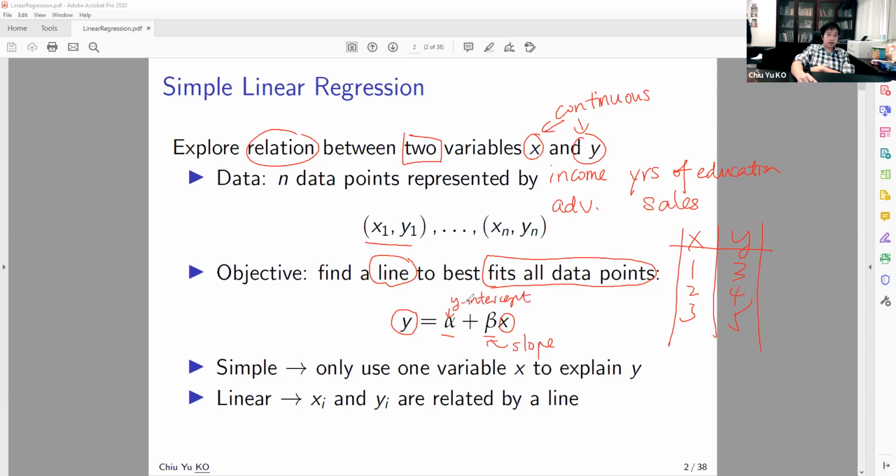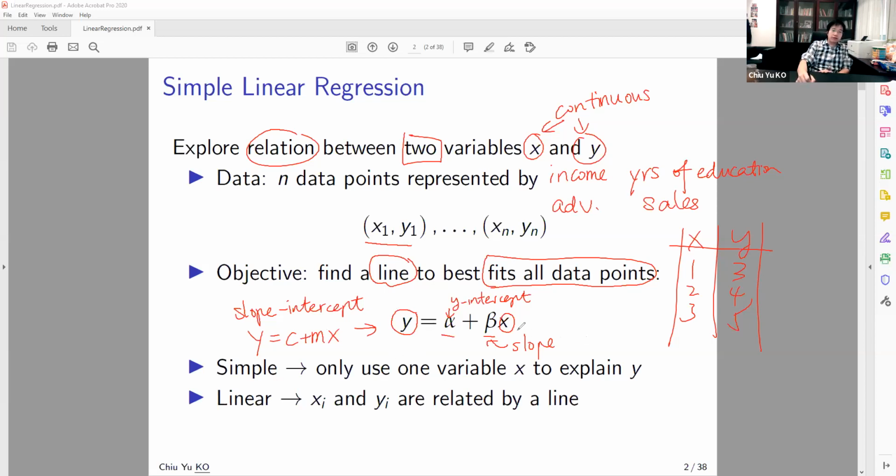If you remember your analytic geometry or coordinate geometry, this is the slope-intercept form: y equals c plus mx, exactly this form. c is the intercept, m is the slope. So we try to find a line to explain this.